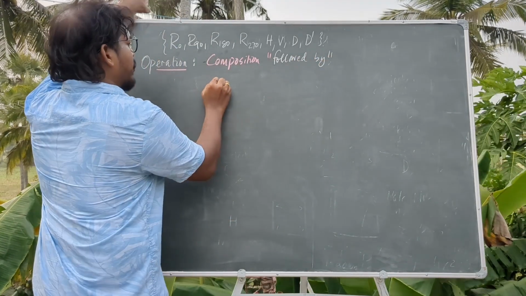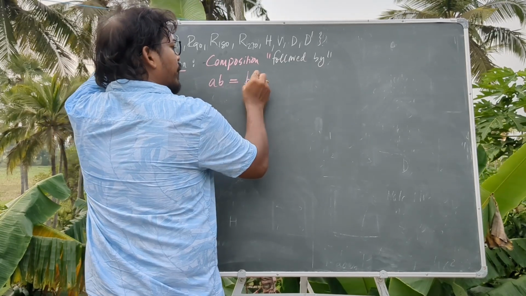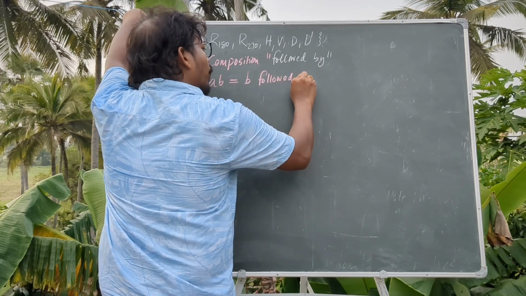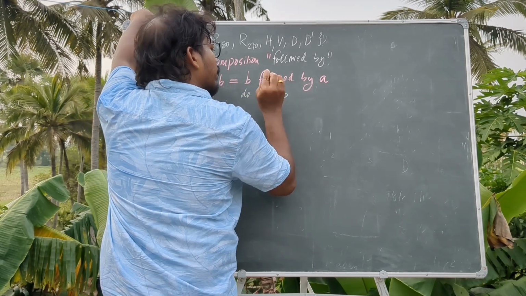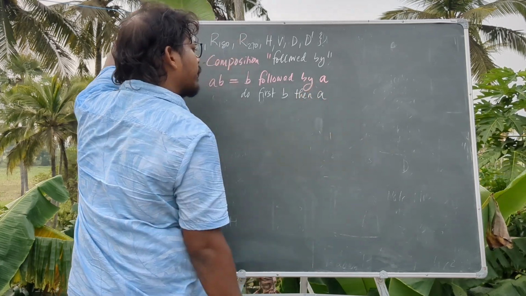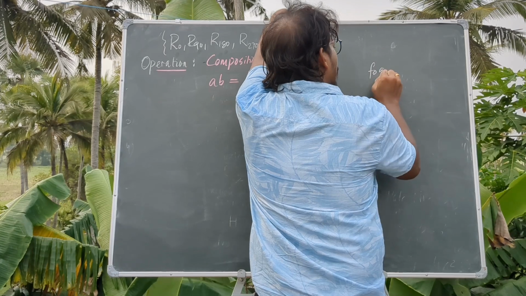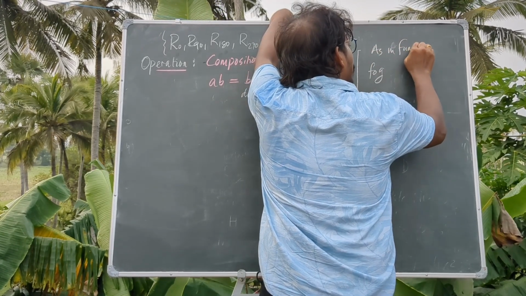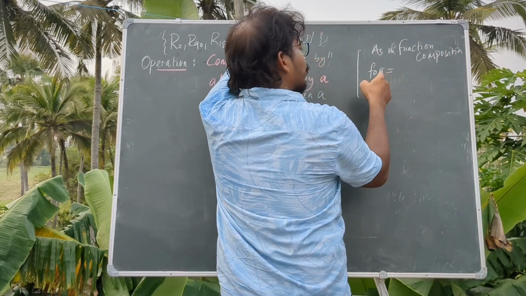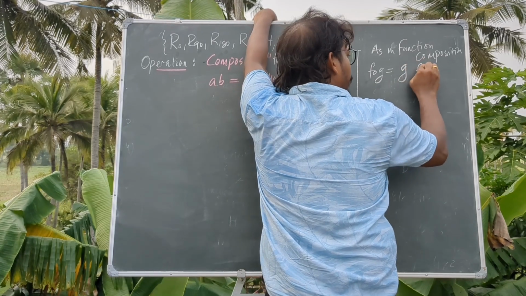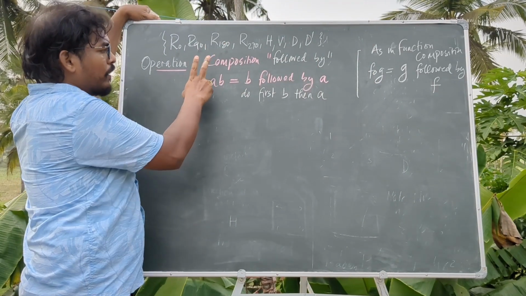That means suppose we have 2 elements A and B, they will be operated as B followed by A, or we can say do first B, then A. And we are saying this as composition because in function composition, we used to do first G then F. G is followed by F. So any two elements of this set will be operated by this one.